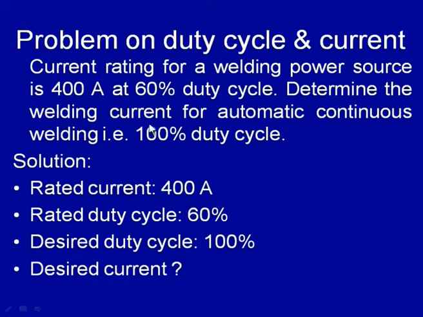How can we determine the welding current for the automatic welding process where 100% duty cycle is used? We have the rated current 400 ampere, rated duty cycle 60%, desired duty cycle continuous welding, that is 100% duty cycle, and the desired current for the automatic welding process is to be obtained.